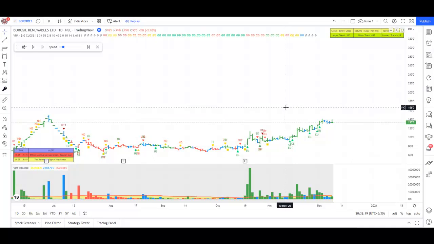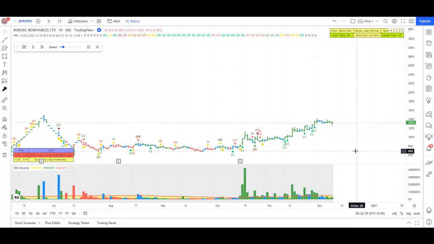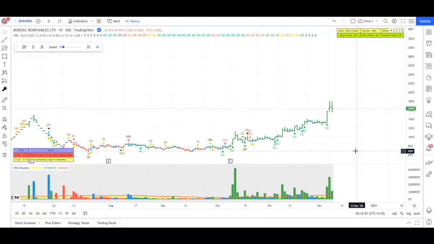In the next example, I have the chart of Borosil Renewables. The prices were moving sideways. I'm using the replay mode again. Let's see how the prices are playing out. Now there is an attempt to move up.